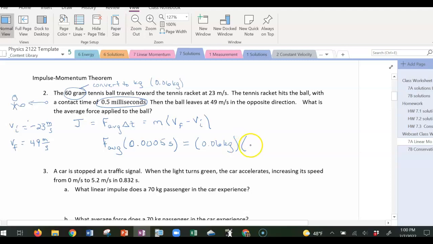The final velocity is 49. The initial velocity is -23. So I take final minus initial velocity there, and I can now solve for the average force. It would be 8,640 newtons.